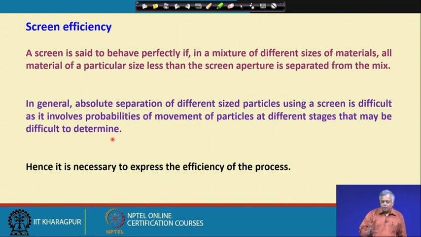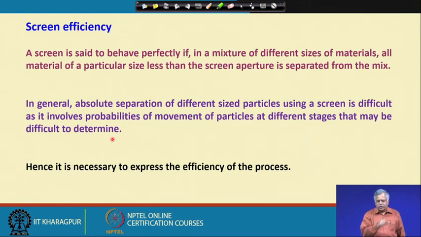In simple terms, have we given equal opportunities to all the particles fed onto the screen surface to interact closely with my aperture, and whether they will pass or not, and how many times they are given these opportunities?